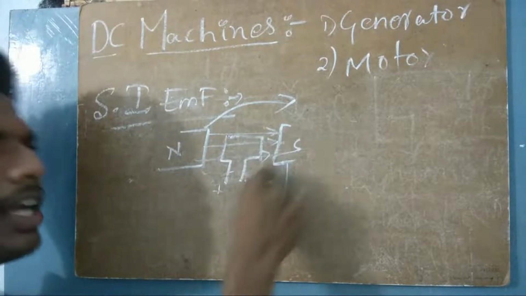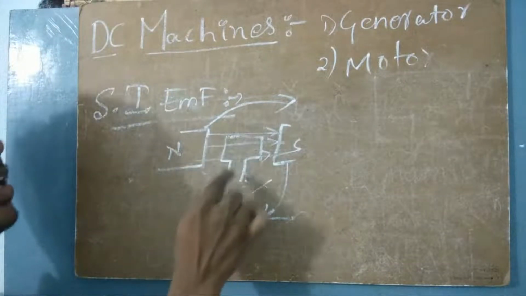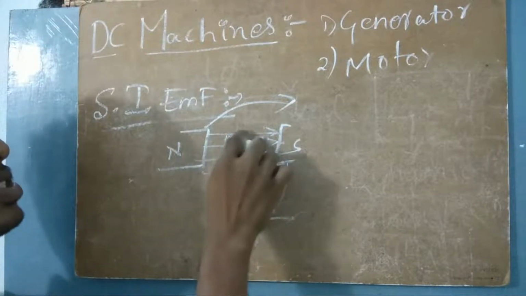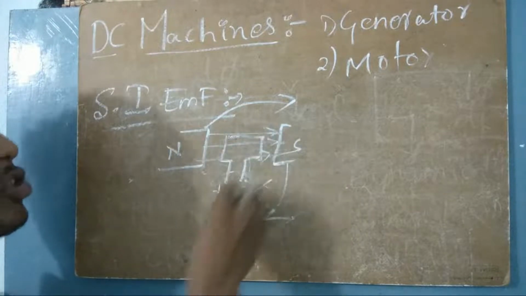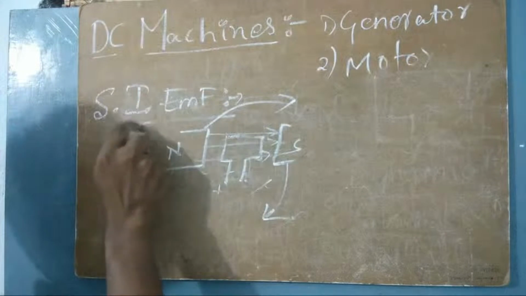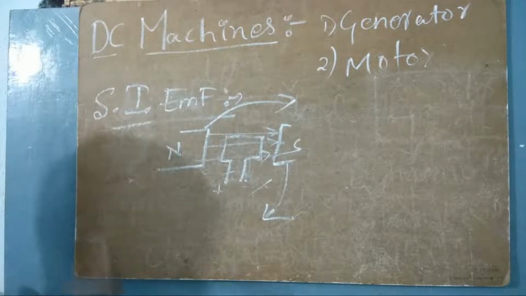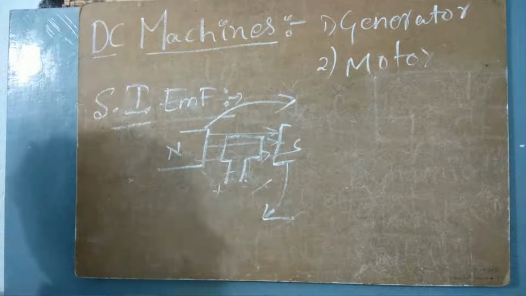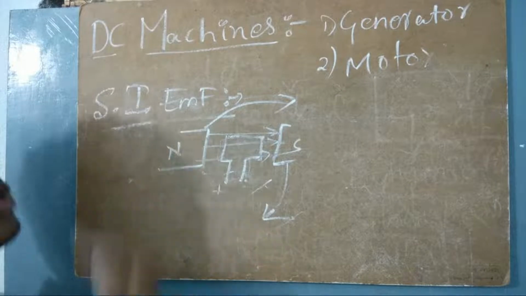Here the magnetic field itself is moving, and the EMF will still be induced in the conductor, even though the conductor is not moving. That EMF we call statically produced EMF, so we call it statically induced EMF.